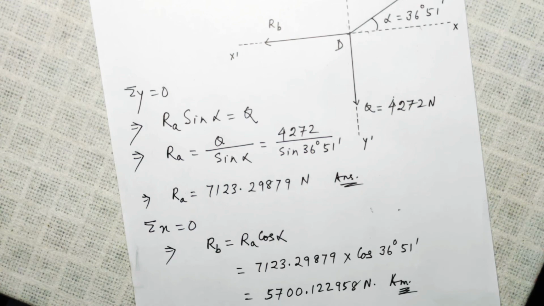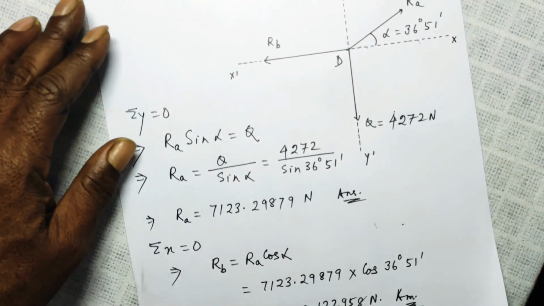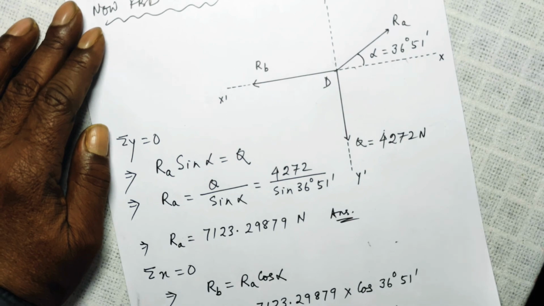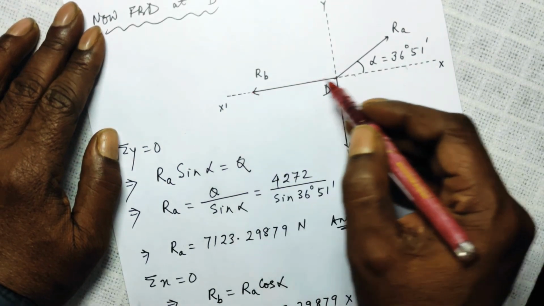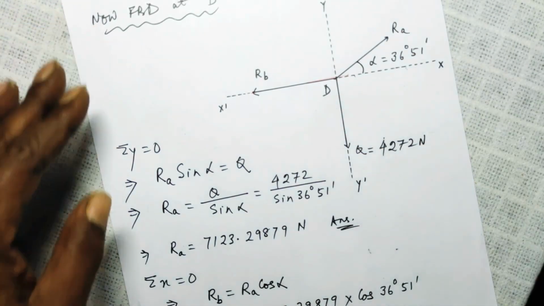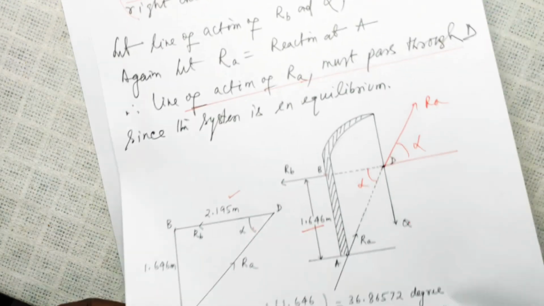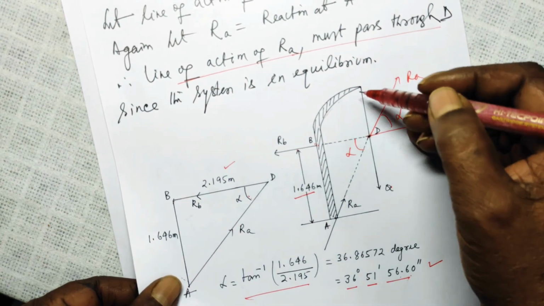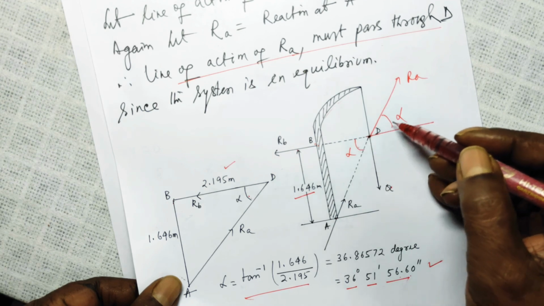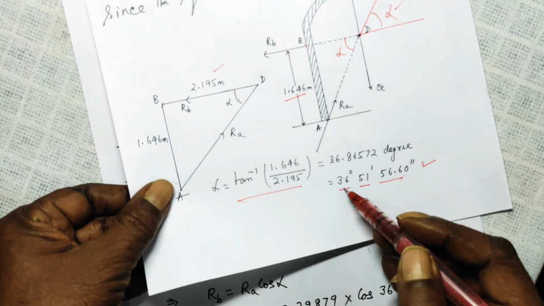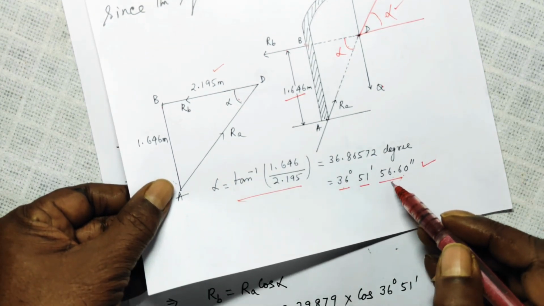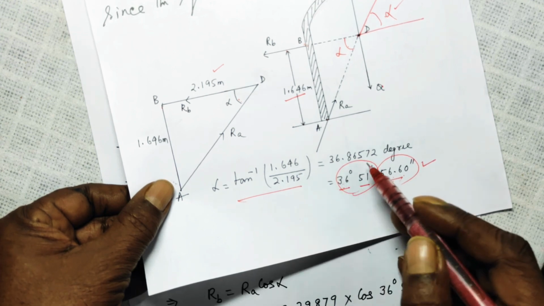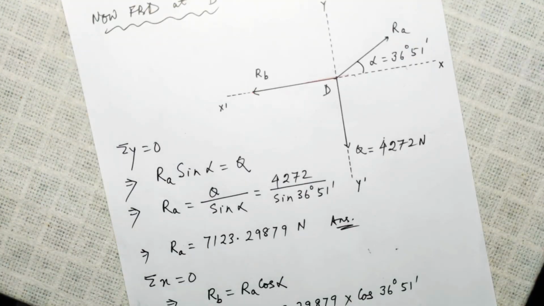Your free body diagram at point D: this is your x-axis, this is your y-axis. Alpha is found out as 36 degree 51 minute. We will not consider the seconds, only 36 degree 51 minute.